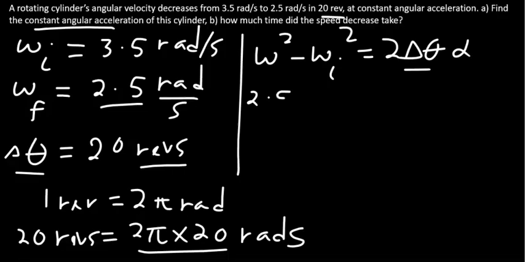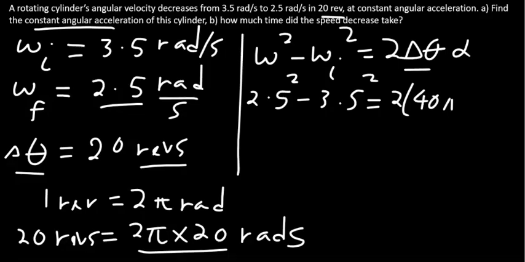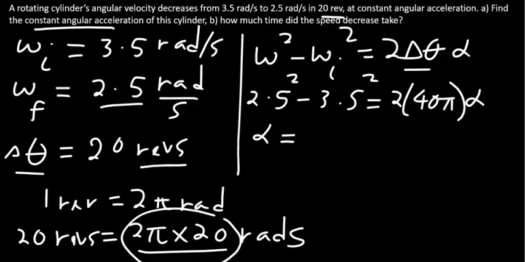So it's 2.5 squared minus the initial angular velocity, 3.5 radian per second, squared, equals 2 times delta theta, which is the angular displacement, and we know it is 40 pi in the unit of radians, times alpha, and you can solve for your alpha. The answer that you're going to get is minus 0.024 radian per second squared.